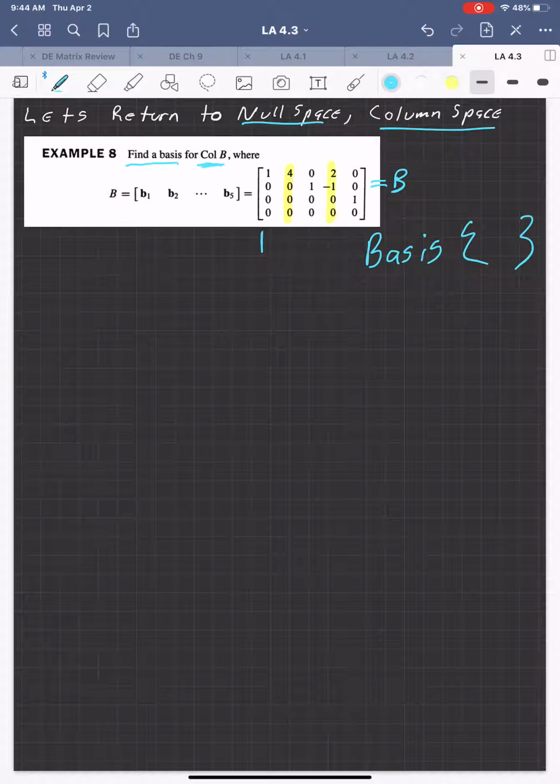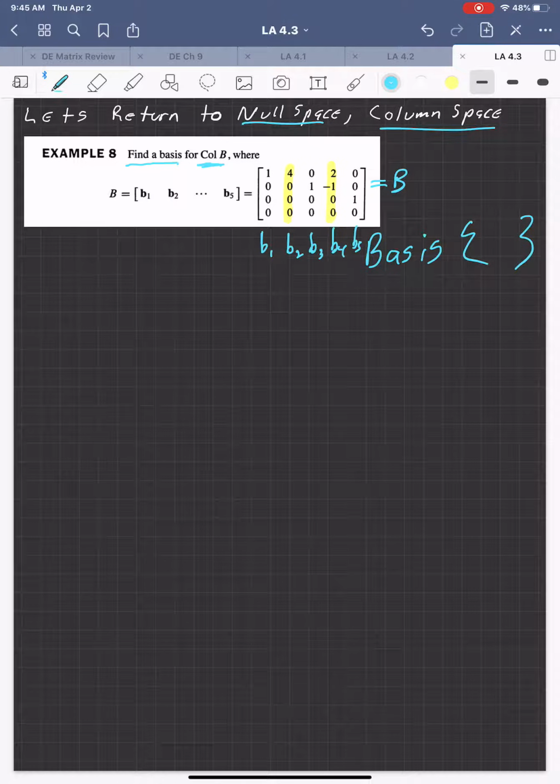So let's label. This is B sub 1, B sub 2, B sub 3, B sub 4, B sub 5. Now, aside from the ones that I've highlighted, every other column has a pivot in it. In other words, it has a basic variable. So I need those in my basis. I don't need the columns with the free variables.